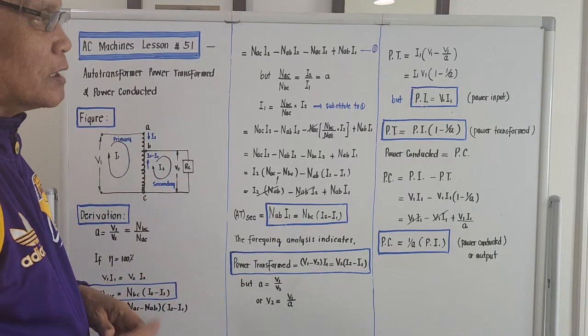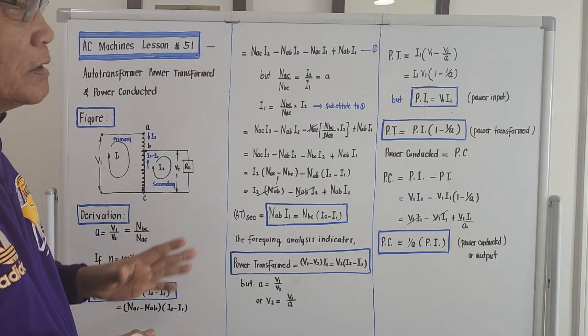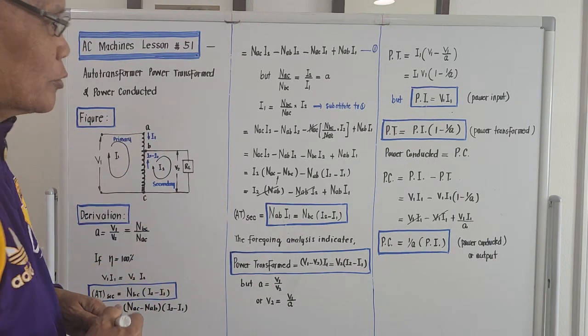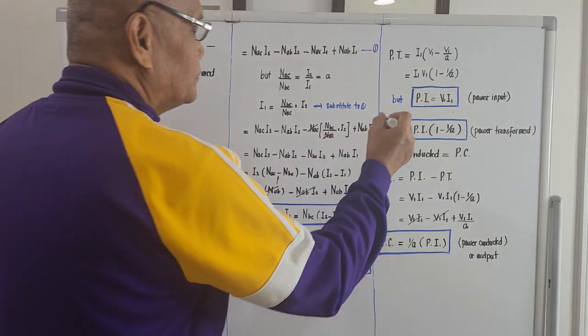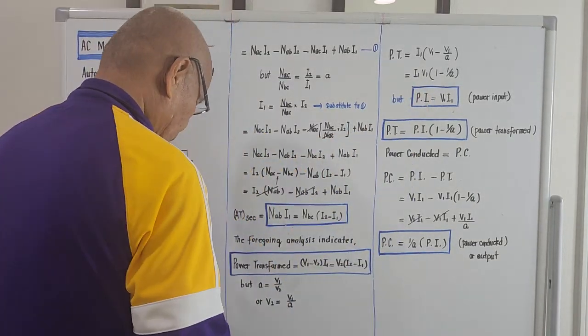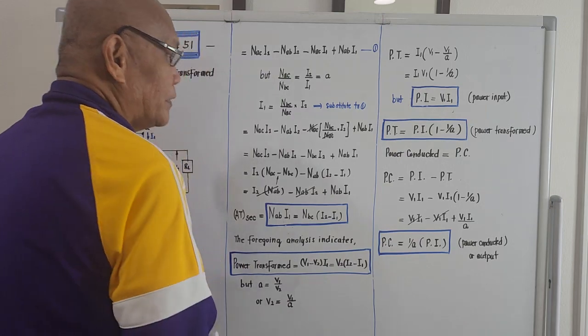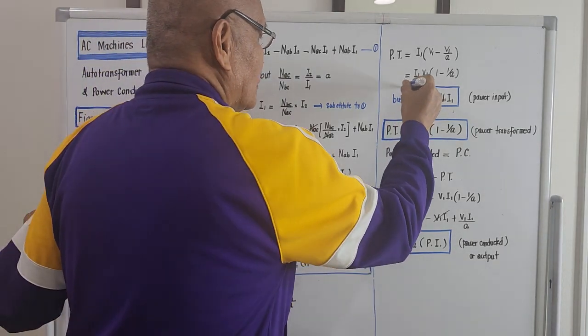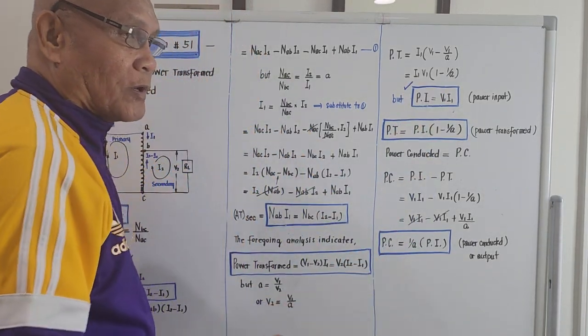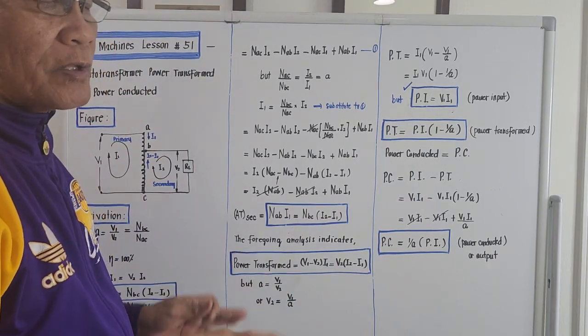There are actually three equations in the computation for autotransformer. PI means power input: what will be the formula and how to compute for the total power input.